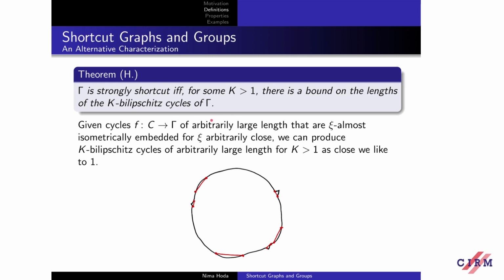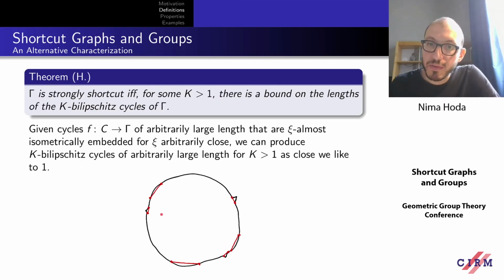Okay, so I'd like to tell you about a different characterization of strongly shortcut graphs, and this is one that comes up in Hume and Mackay's work on separation profiles, where they use it to characterize hyperbolicity, and I'll talk a little bit more about that later in the talk.